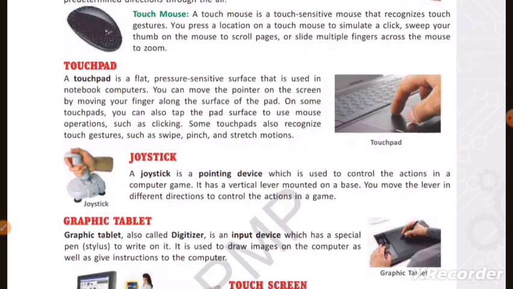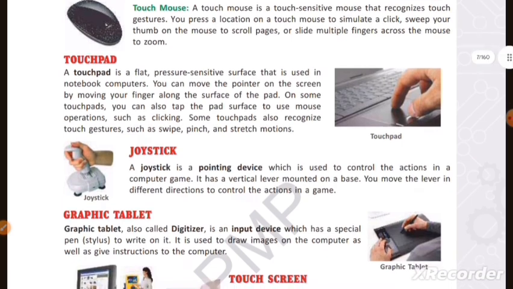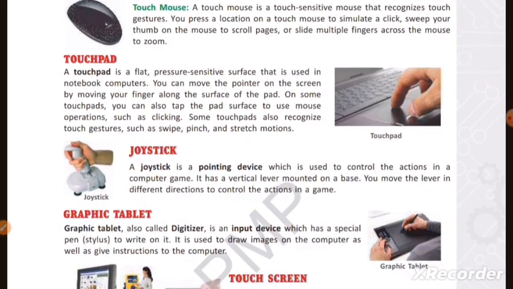On some touchpads, you can also tap the pad surface to perform mouse operations, such as clicking. Means we can change the position of the mouse by clicking also. Some touchpads also recognize touch gestures such as swipe, pinch, and stretch motions.